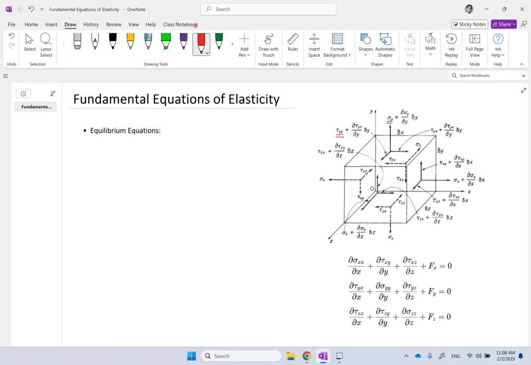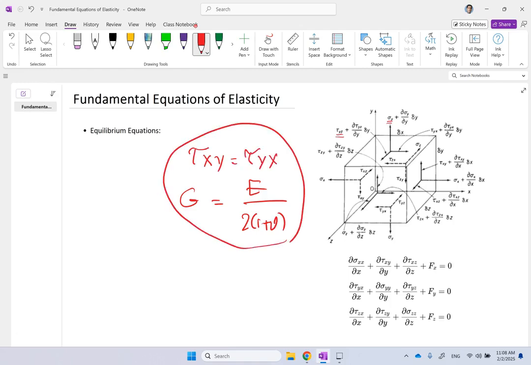One is why these shear components are equal, tau yx and tau xy; the stress is a symmetric tensor. The other one is the formula we had, G equals E over 2 times (1 plus nu). I will show these in a separate video. I don't want to do any proof in this video.